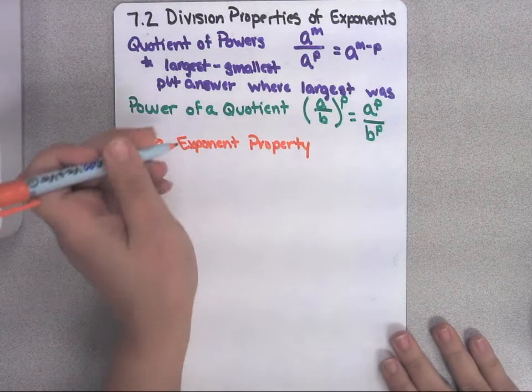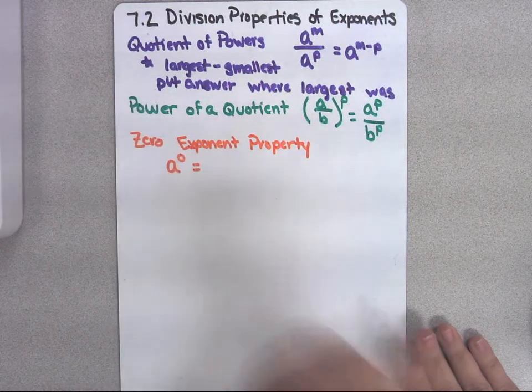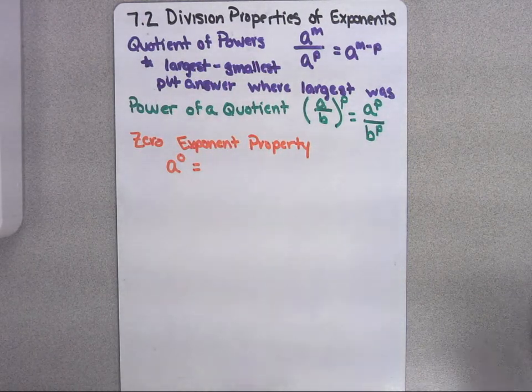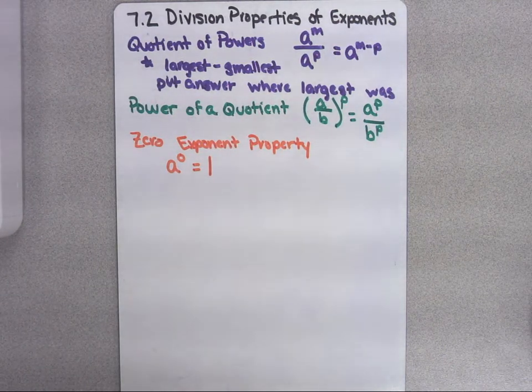It says that anything, we're going to say A, to the zero power, anything to the zero power will always equal the same answer. One. Anything to the zero power is always one. If you don't believe me, you could try it with any number right now in your calculator. I promise you, it works.